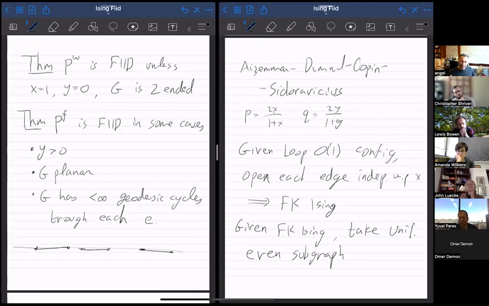So the main scheme in order to get the loop O(1) model as a factor of IID is to start with the FK Ising model. Here we have the monotonicity. We know that it's a factor of IID, and now I want to take a uniform even subgraph of the FK Ising model.